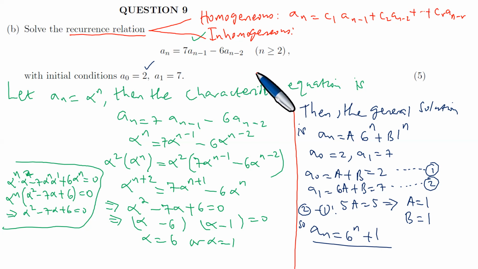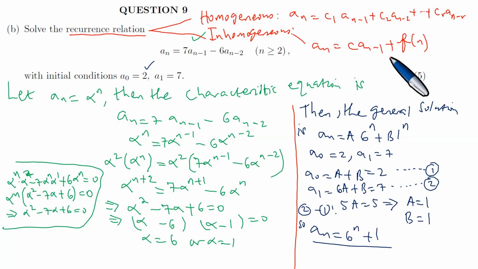Right. Now, what about the inhomogeneous? The inhomogeneous has its own slightly different method that we use. The inhomogeneous would be of the form a_n is equal to a_{n-1}, but now it's not only a_n's, there can be something else, some function of n.